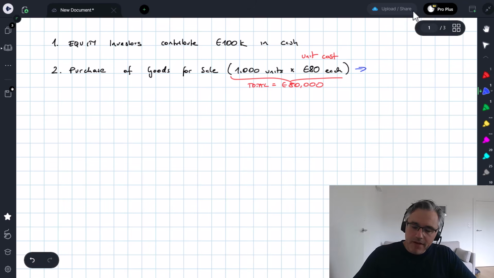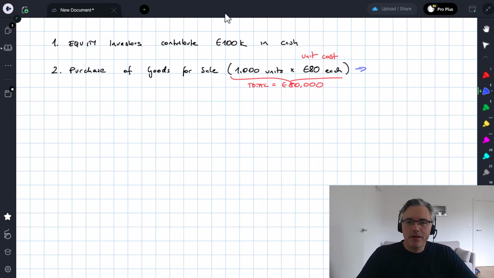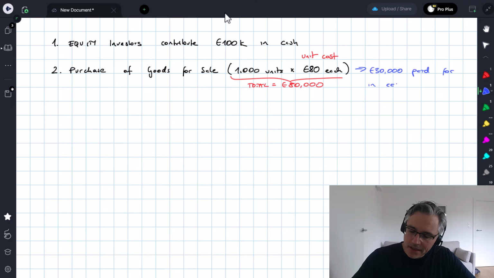Now, to make things a little bit more interesting, I'm going to assume that out of that 80,000 total, 30,000 is settled or paid for immediately in cash, and the remainder, that would be 50,000, wouldn't it?